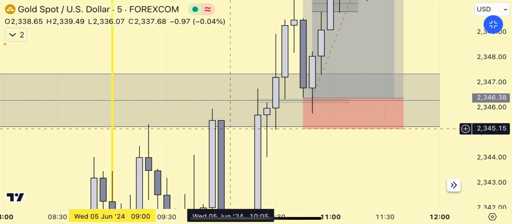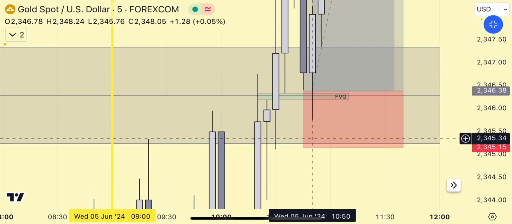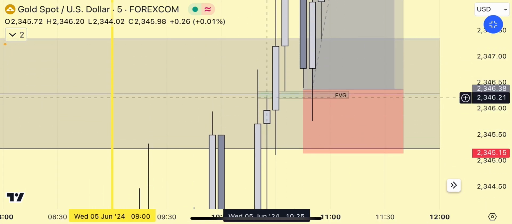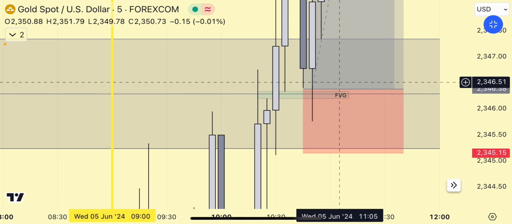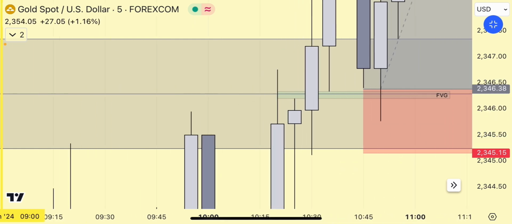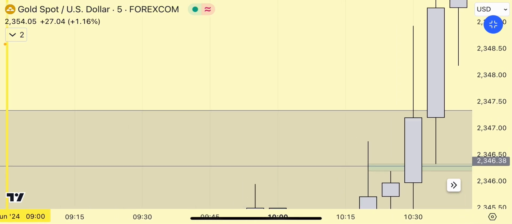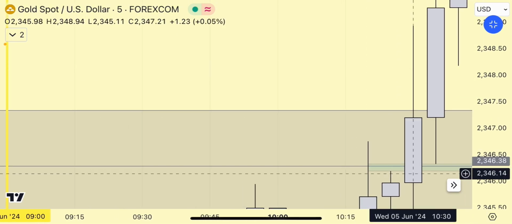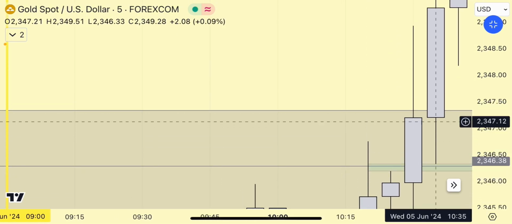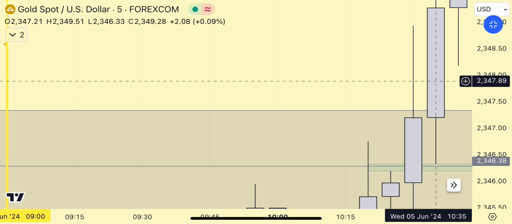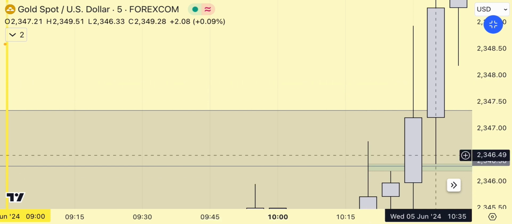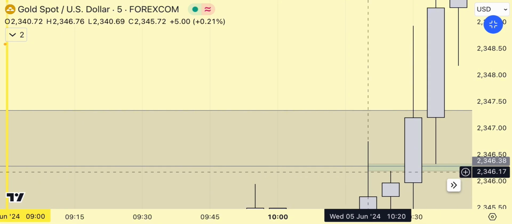Now, inside this inverted fair value gap, let's say this other candle that has formed wasn't there. If we were looking for an entry, we saw that these candles were strongly bullish and they've broken above our area of interest. So we look within that area of interest to see if we can find a fair value gap.